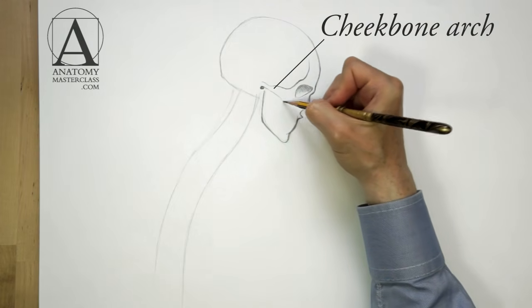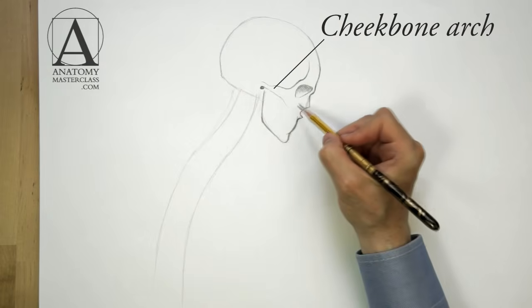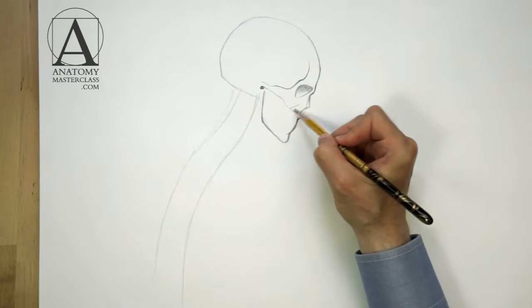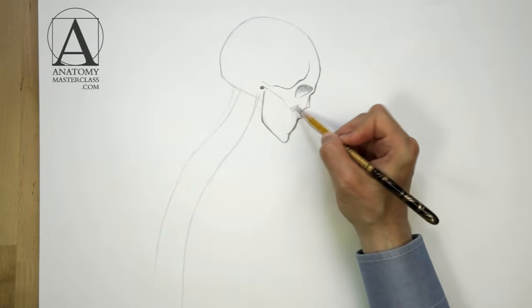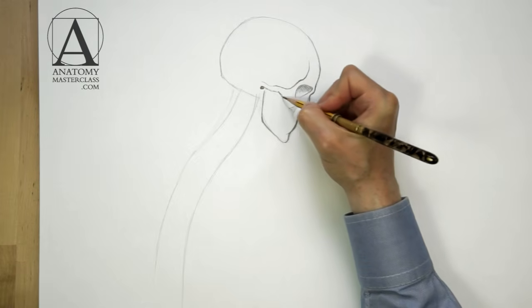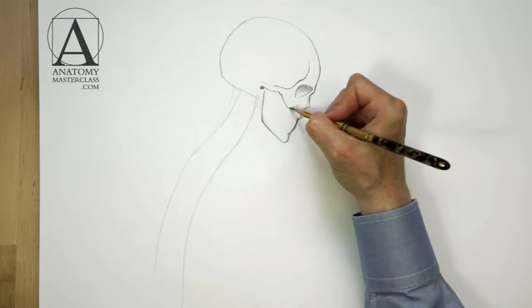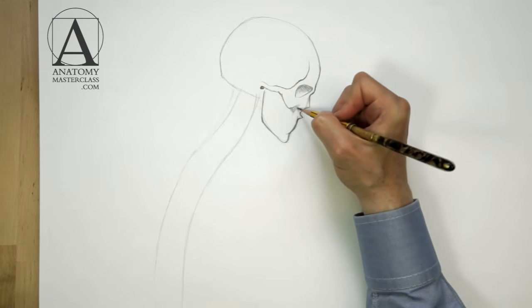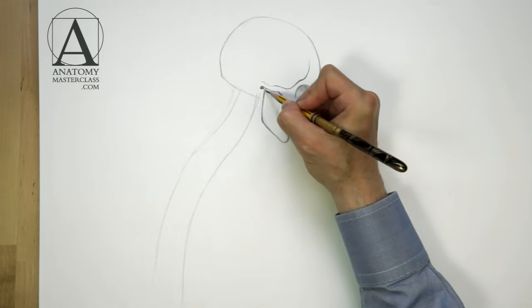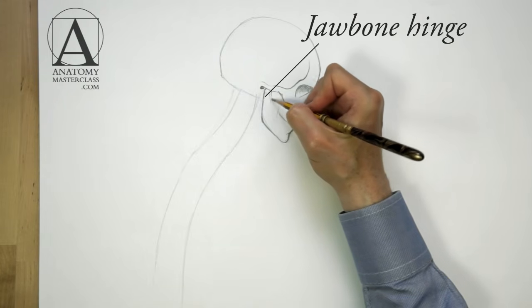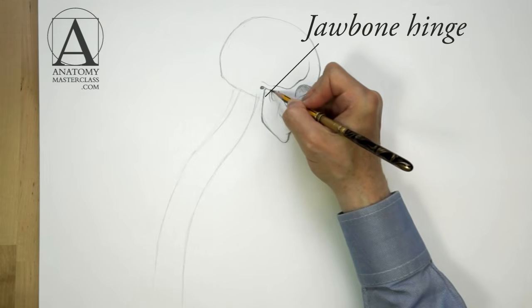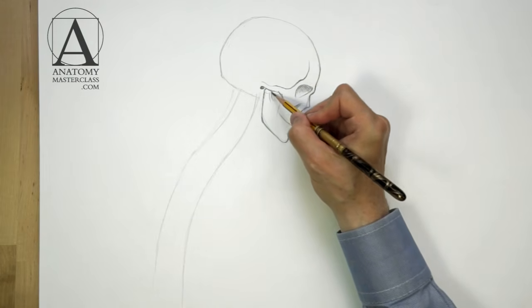Above it, there is the cheekbone arch. The hinge of the lower jaw is located just in front of the air channel underneath the cheekbone arch.